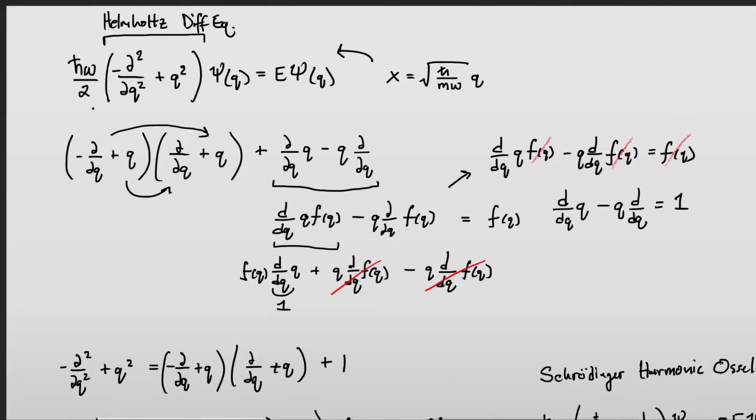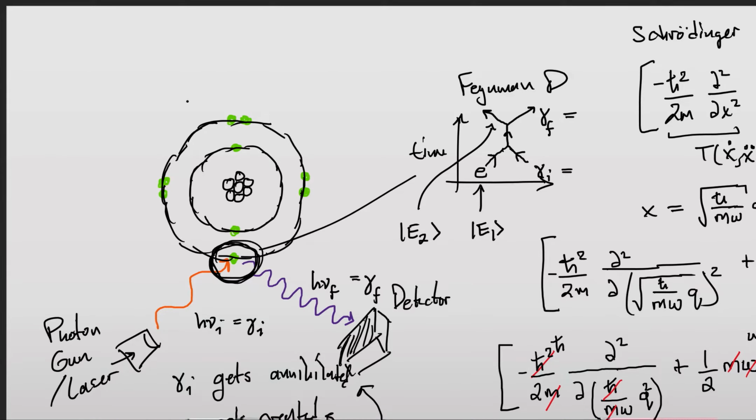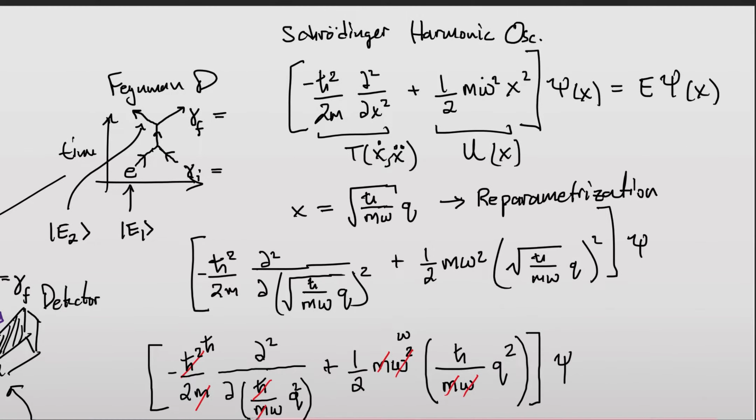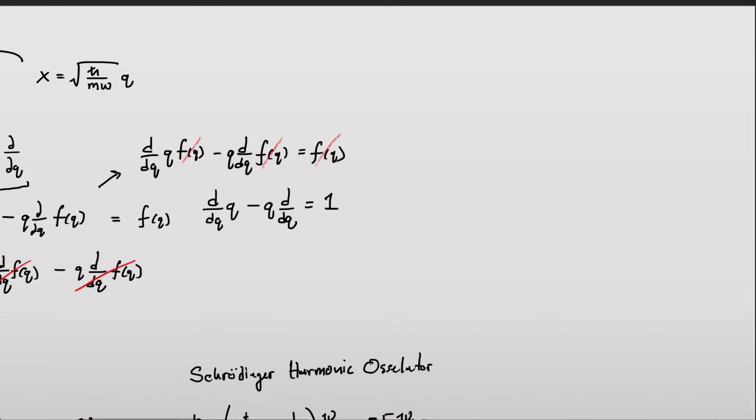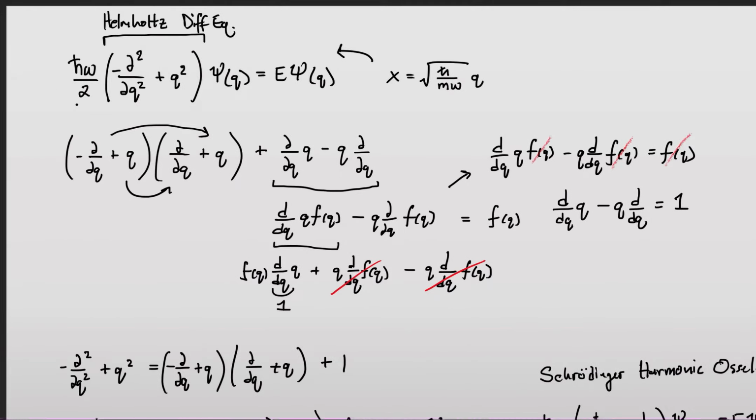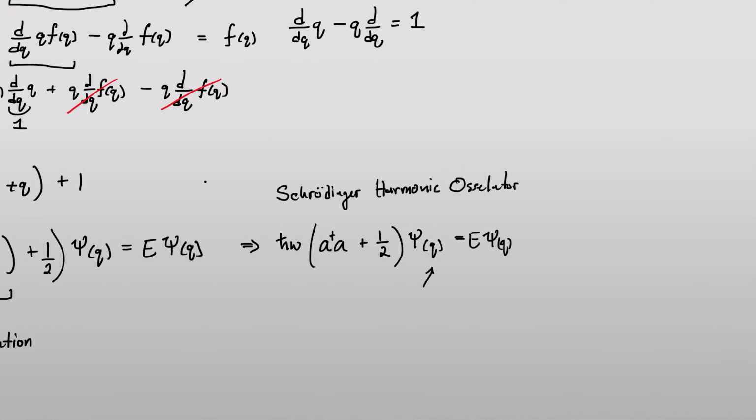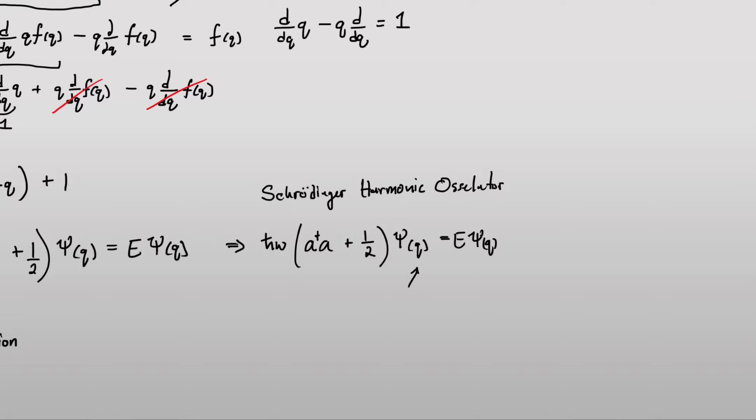This is the equation that describes, as we've seen, a wave-like structure, because remember, this is the wave potential that we've started with. We've arrived at this Helmholtz differential equation, and then from the Helmholtz differential equation, we've arrived at this other form of the Schrodinger equation with creation and annihilation operators in it.